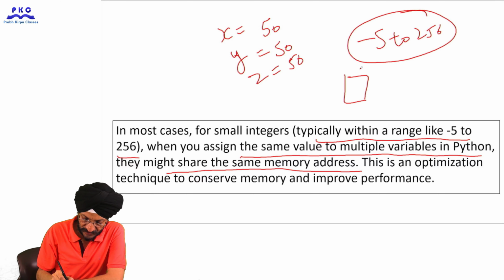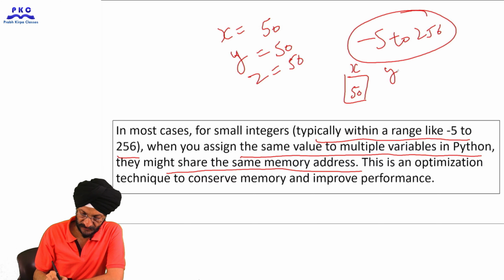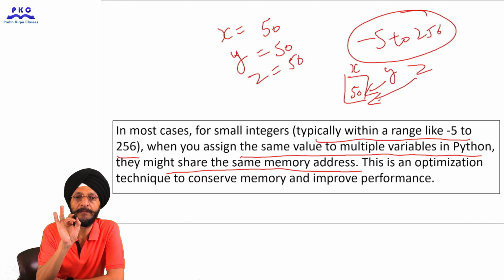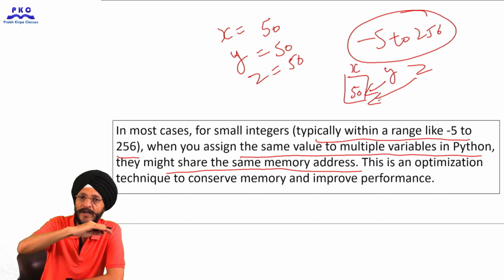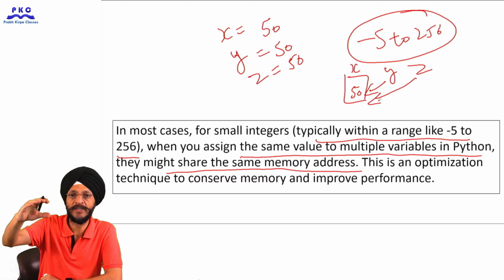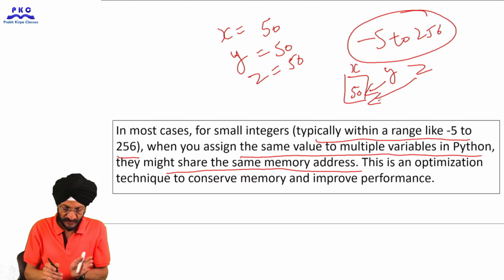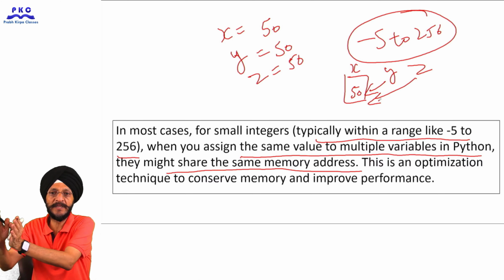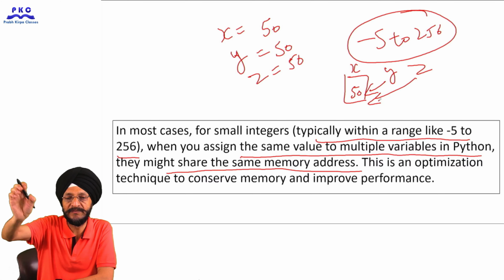That is, there will be the object 50, and y and z will also be referring to the same object in memory. The memory manager will not allocate different locations. That is, the 50 will not be stored at different places under the variable names x, y, and z.